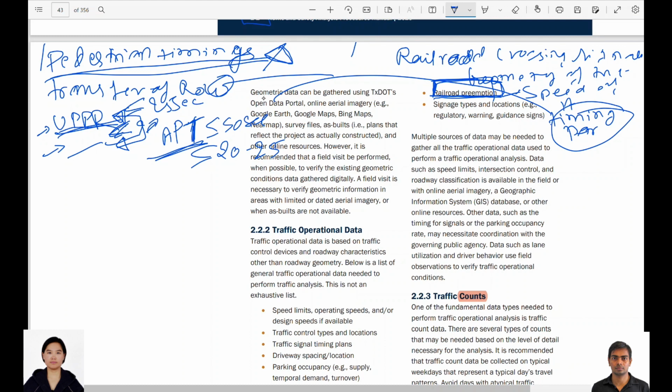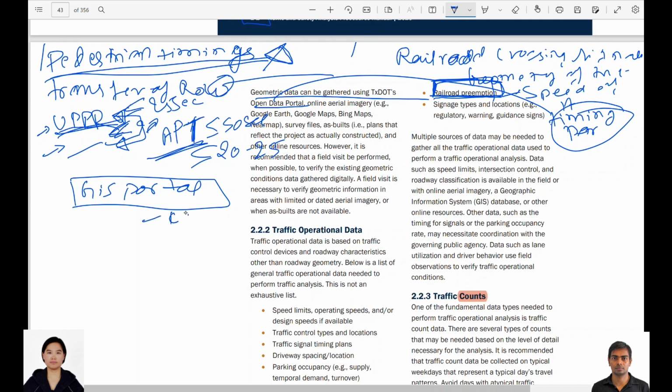Geometric data can be gathered using the TxDOT online data portal. TxDOT has this GIS portal. We can Google search TxDOT open data portal, and this is a GIS portal where we can download the data in GIS format, CSV format, KMZ format, or KML format.